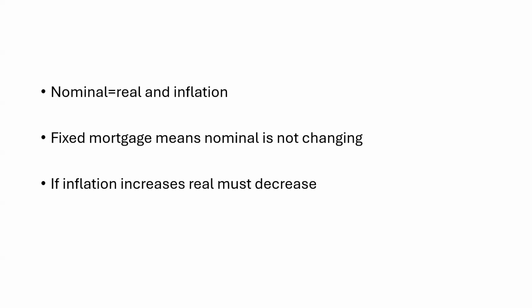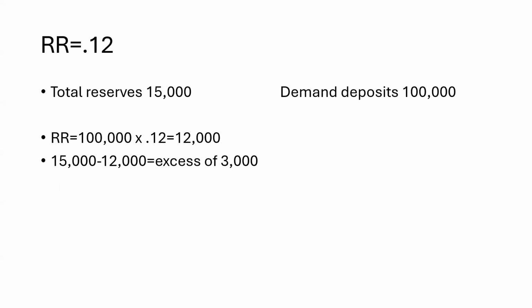My required reserve is 12%. I have 100,000 in demand deposits. I take 100,000 times 12%, that means I have to keep 12,000. I have 15,000 in total reserves, minus the 12,000 required gives me the excess of 3,000. And that is C as in Caroline.